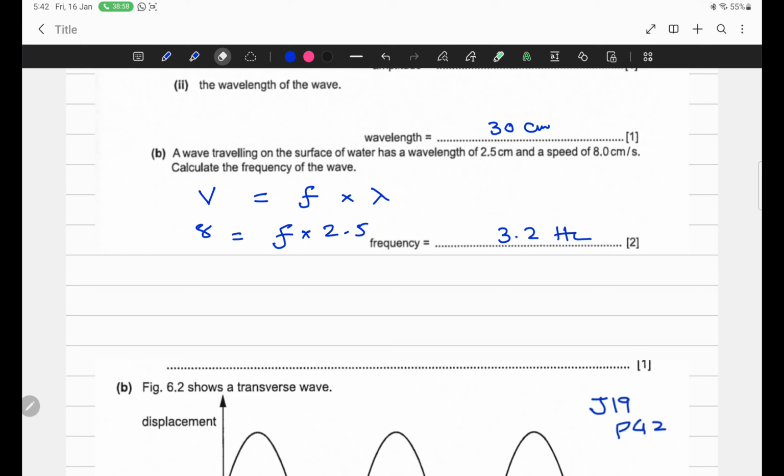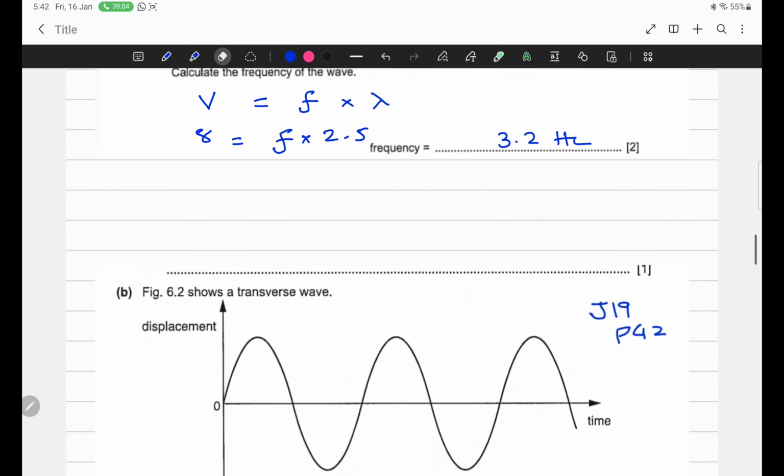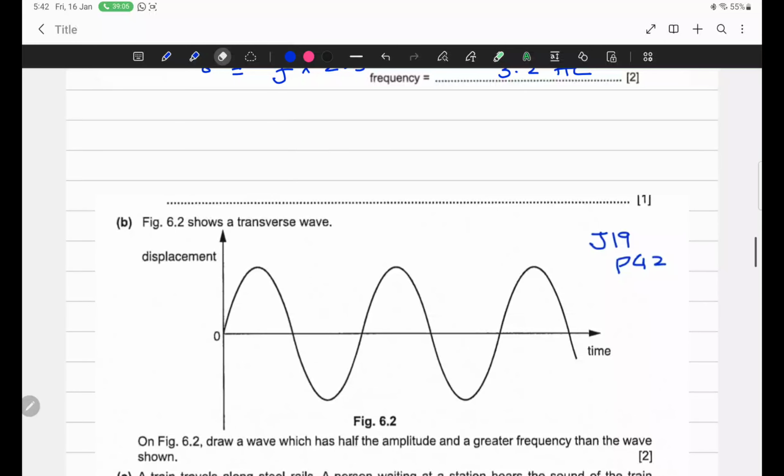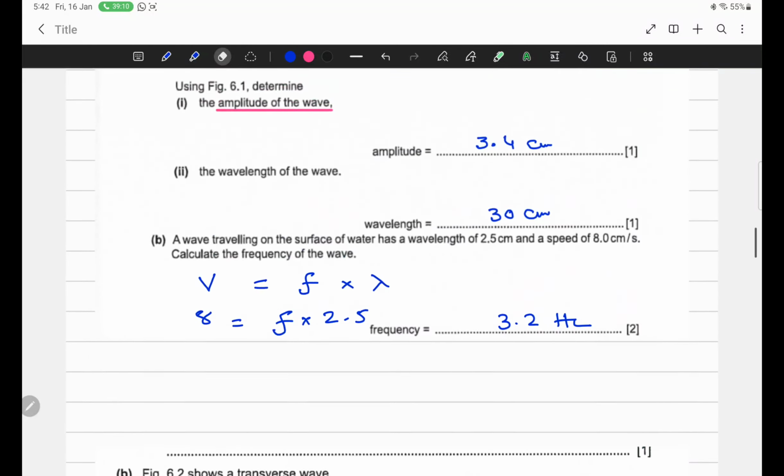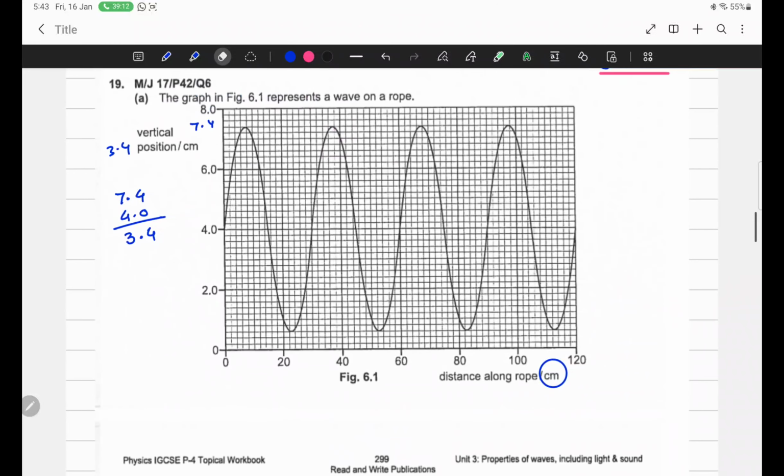Now the B part of the question. It is a very difficult question in which I am giving you a new concept. When we solve question number 19, you can see along the x-axis, the horizontal axis, you are given distance of the wave.